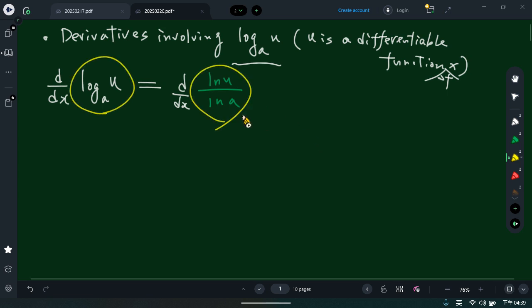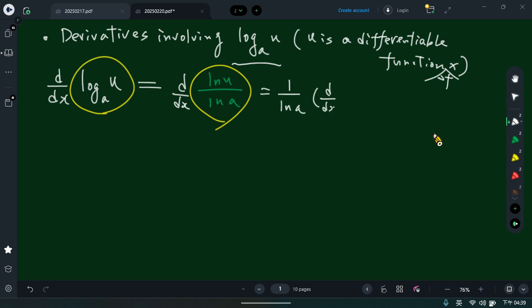Once you change it to the ln function, it will be easier for you to calculate its derivative.